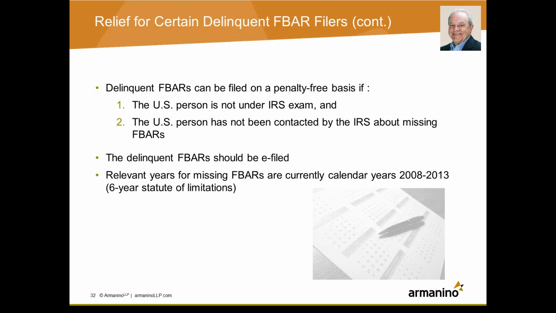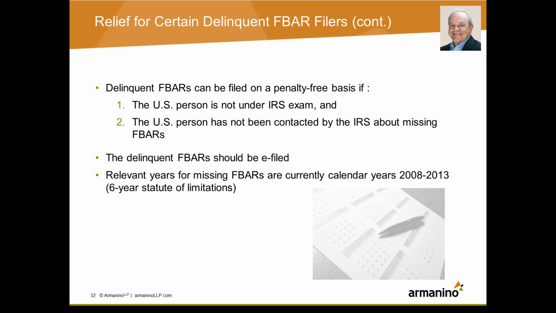And the person also can't be under an IRS exam. They need to do this step up voluntarily in advance, and haven't heard from the IRS or be in an exam situation. And the delinquent FBARs also have to be e-filed, and they're generally 6 years where the lack of an FBAR filing is viewed as delinquent.